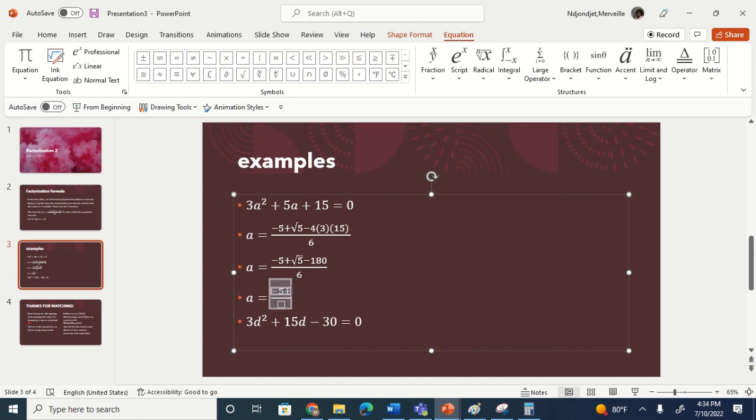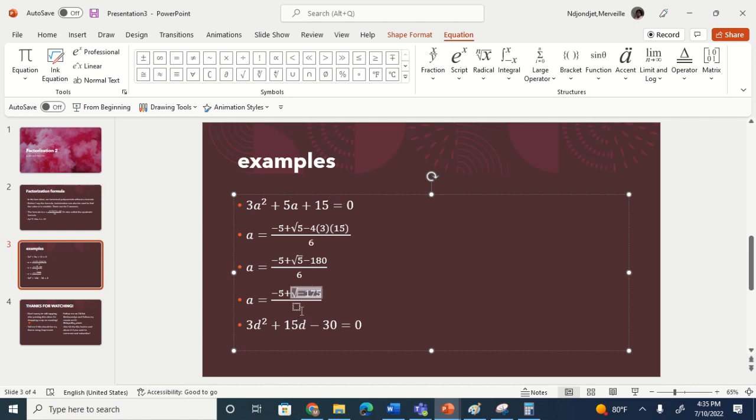So in this case, it's like 5 plus the square root of minus 175. But in this situation, the square root of a negative number does not exist.